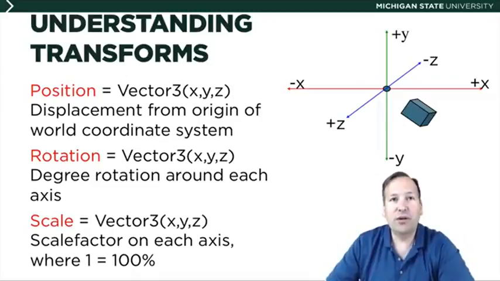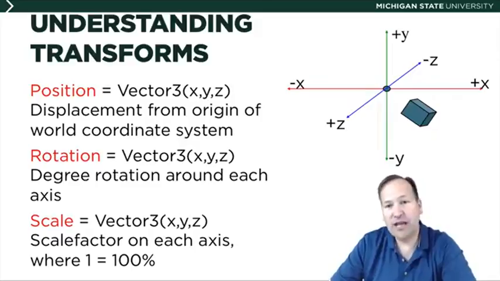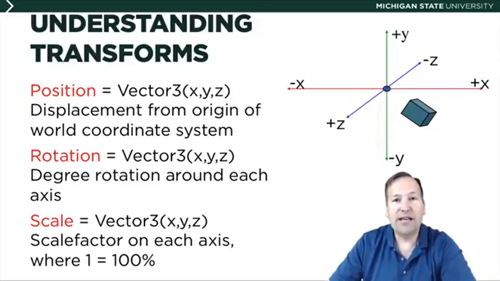Really we're talking about how much a model is scaled from its default size along each of the axes, x, y, or z. So it's really a scale factor where 1 equals 100%. So 0.5 would be a 50% scale of regular size, as an example. Maybe regular size is 1 meter, so 0.5 would be half of a meter in scale along the respective axis that you're defining.